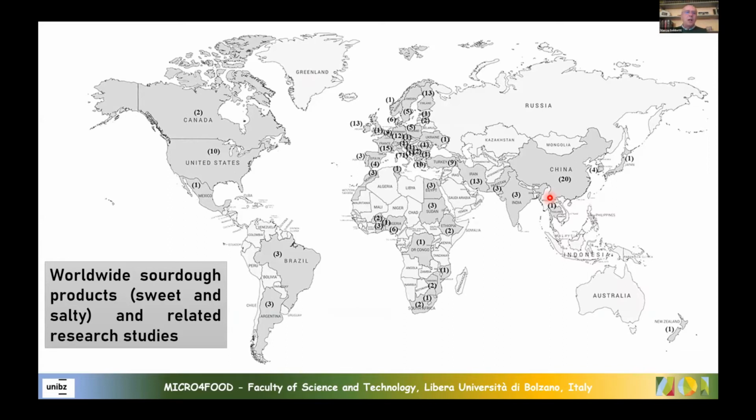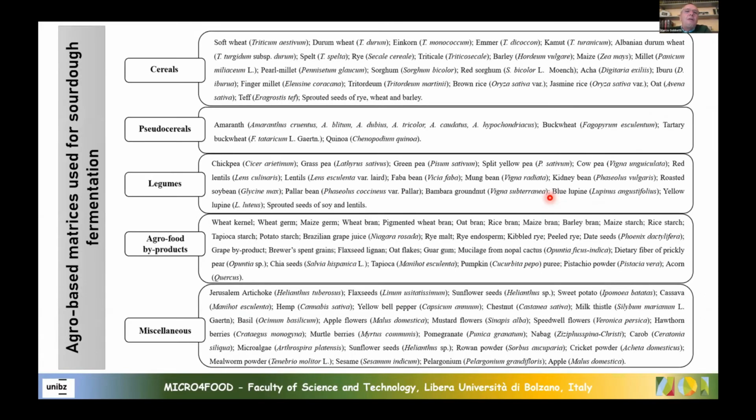So indeed, sourdough is the tool to get the fermentation of almost all the species of cereals, all the species of pseudo-cereals that we know, but interestingly, also a large part of legumes.